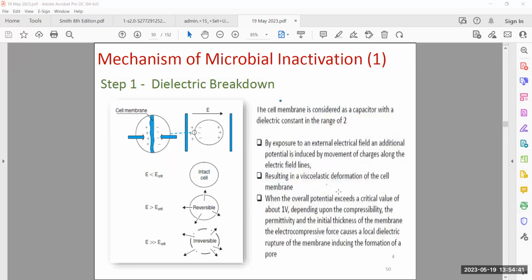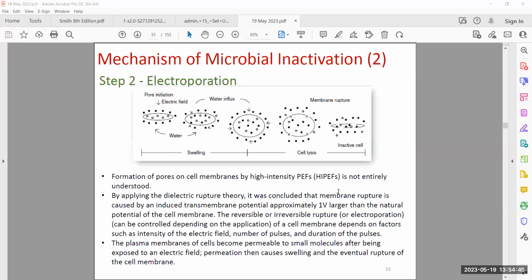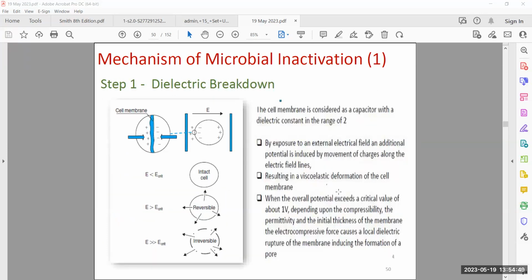The mechanism of microbial inactivation is speculated to have about two methods. One is what we call dielectric breakdown. Basically, the cell membrane is considered as a capacitor. Exposure to an external electrical field induces movement of charges along the electric field lines, resulting in viscoelastic deformation of the cell membrane.